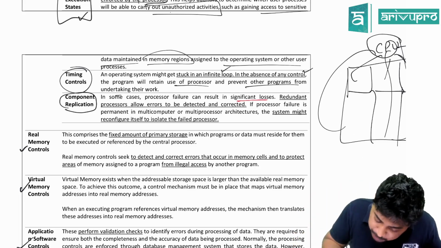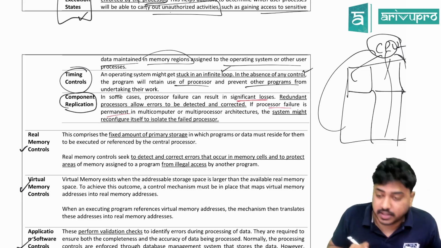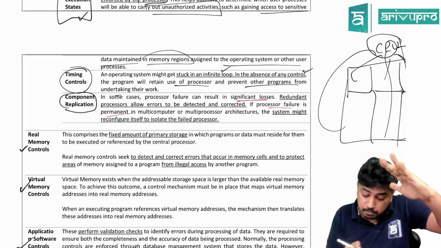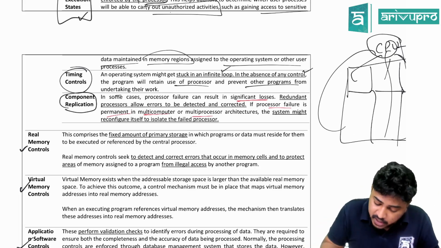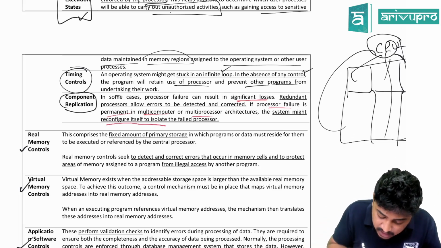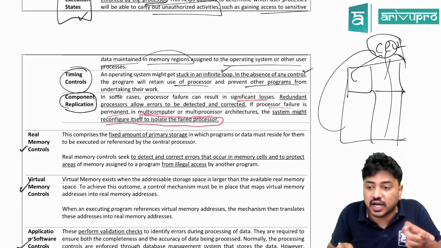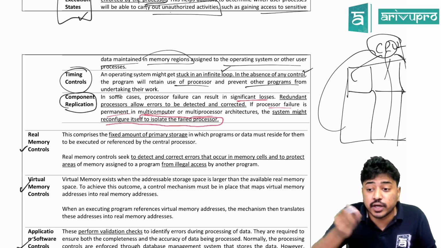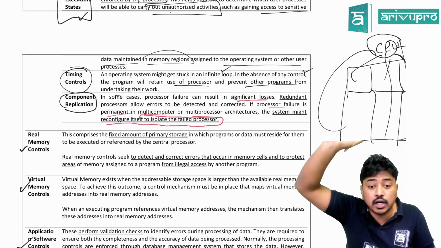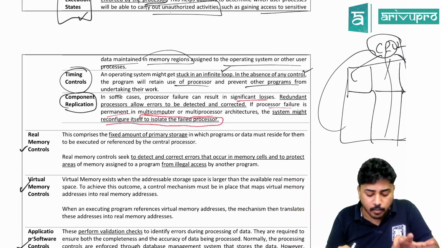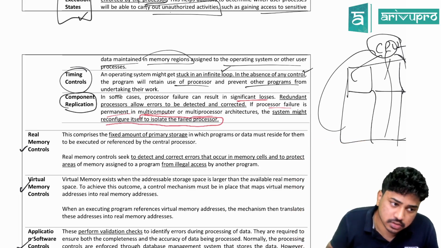If the processor failure is permanent in a multi-computer or multi-processor architecture, the system might reconfigure itself to isolate the failed processor. Isolating the failed processor means, you keep alone, we will all work. This is what component replication means.